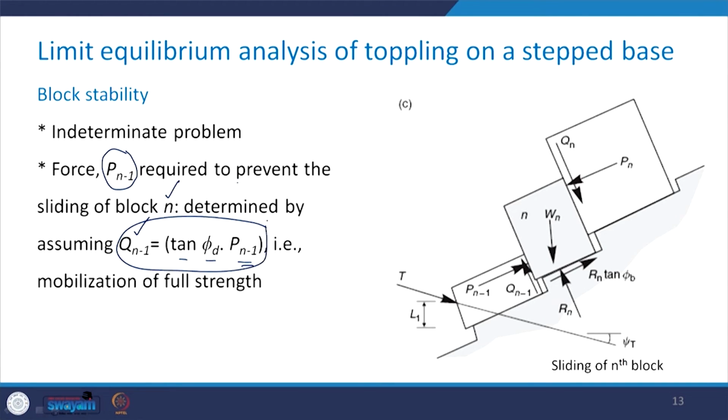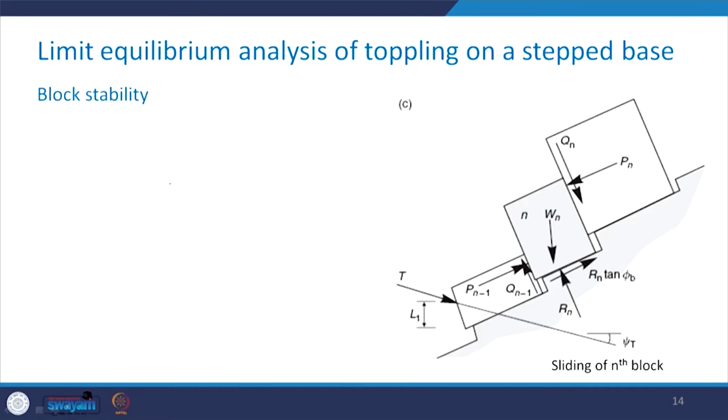So, considering this, the magnitude of Qn-1 would be known to us, and therefore, it will reduce the number of unknowns and the problem will become determinate. So, how to carry out the analysis? What we do is we resolve the forces in the direction of this Pn-1. So, let us do that, resolving the forces in the direction of Pn-1.